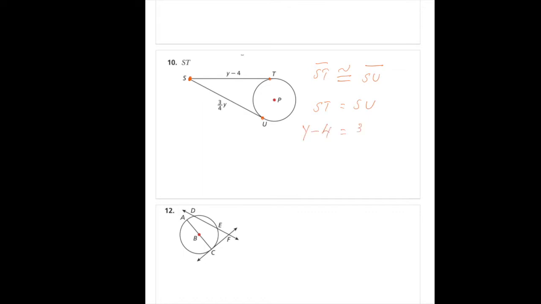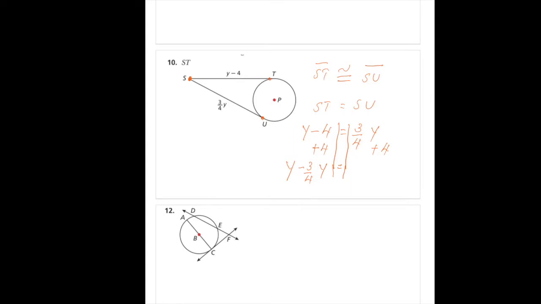So Y minus 4 equals 3/4 of Y. That's an equation with variable on both sides. So you just need to bring all the variables together, and we can add 4 to both sides first. So Y minus 3/4 Y is equal to 4.